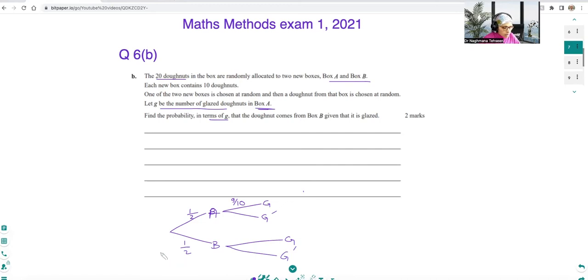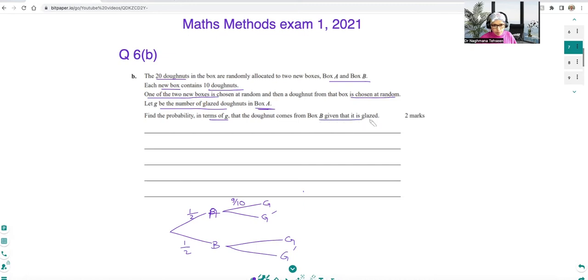Each box contains 10 donuts. We've already chosen the G, and then box B would have the rest, because the probability of selecting the box is random, one of the two new boxes.